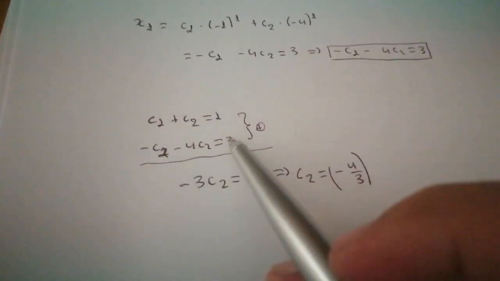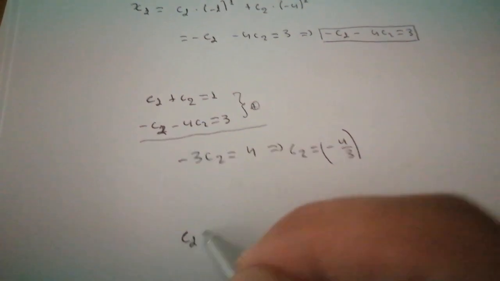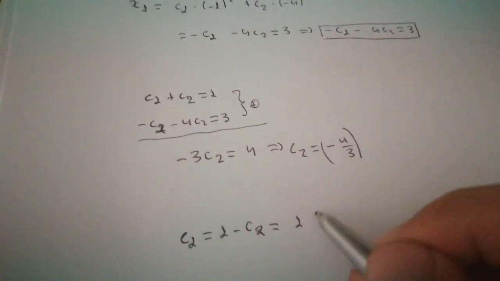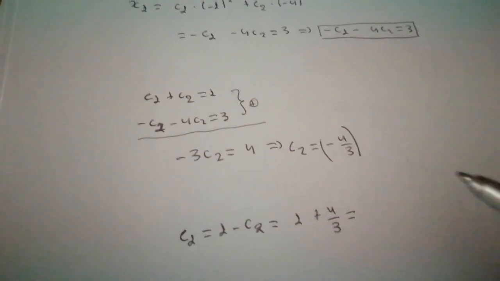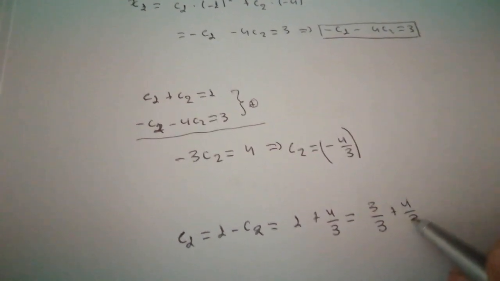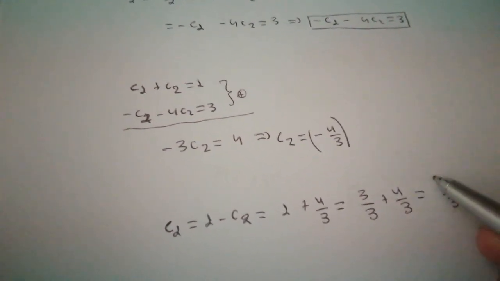Now we use this equation in order to determine the value of c1. c1 is 1 minus c2, so it is 1 plus 4 over 3. So this is 7 over 3.